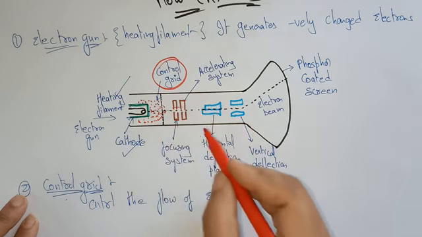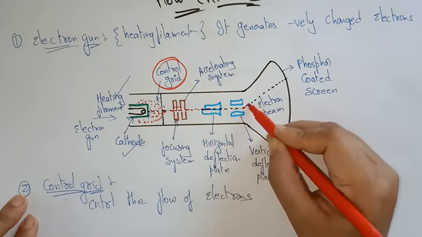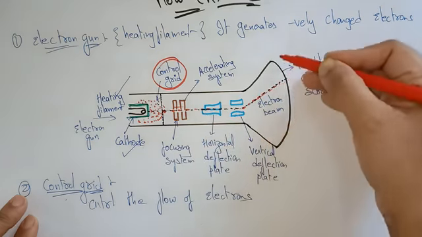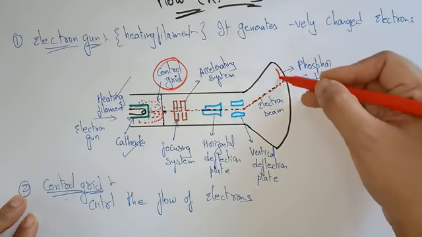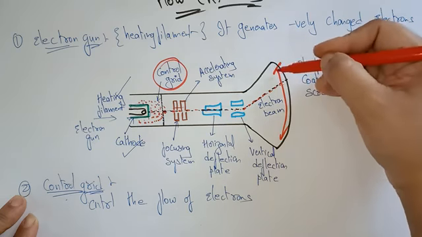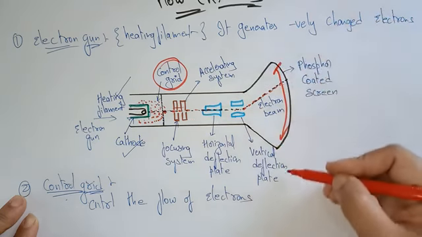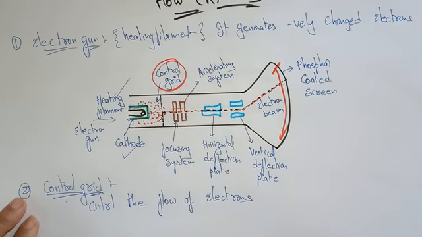All electrons pass through the electron beam only. The beam moves up, down, backward and frontward, touching the phosphorus coated screen, just like rotating. This is the main use of the control grid.